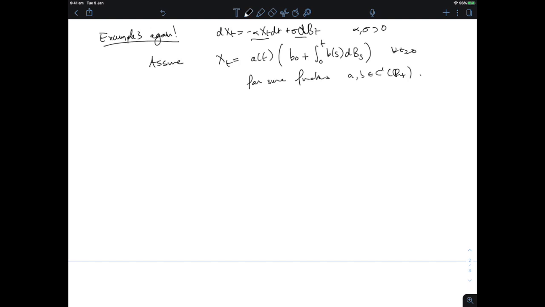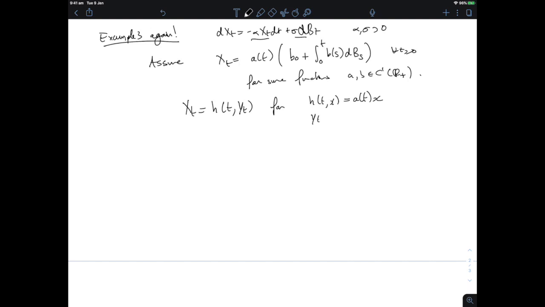So let's find out what we should get. So dX_t, okay, I'm going to see X_t as a function of two processes. So I'm going to see X_t as something of the form h(t, Y_t), for h(t, x) equal a(t) times x, and for Y_t being, well, what's in here.